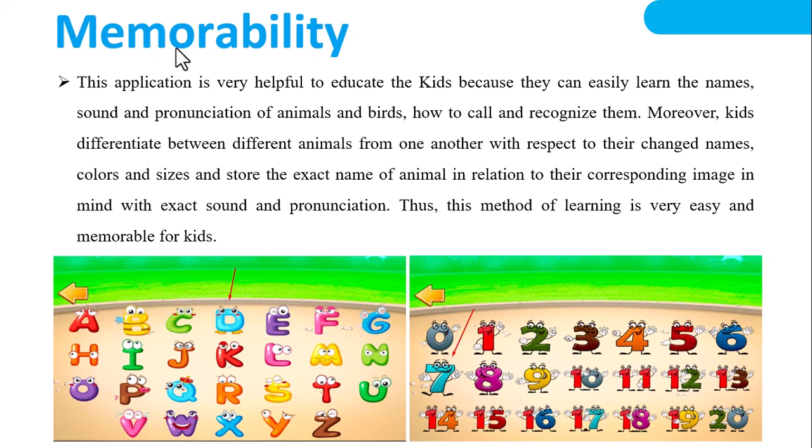Moreover, kids differentiate between different animals from one another with respect to their names, colors, and sizes, and store the exact name of the animal in relation to the corresponding image in mind with the exact sound and pronunciation. We can also say that this method of learning is very easy and memorable for kids.